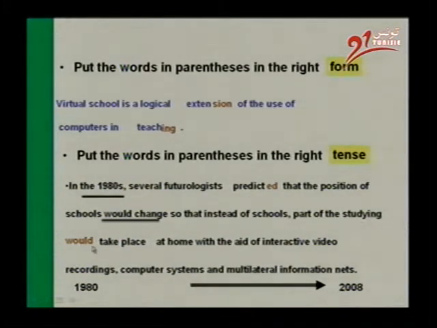So we are going to use the same tense, which represents the future if we compare it to 1980, but also represents the past if we compare it to the present, which means 2008. And this is what we call the conditional.